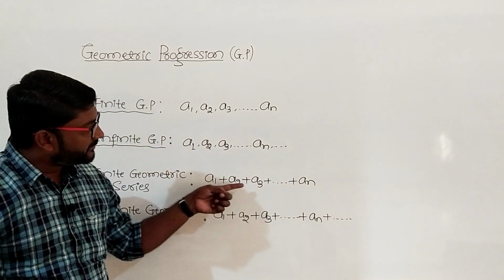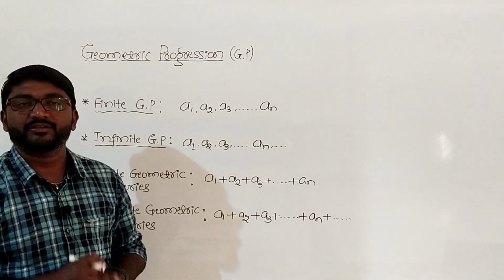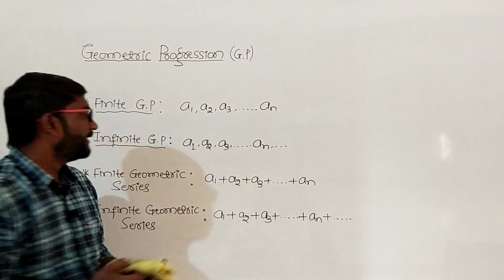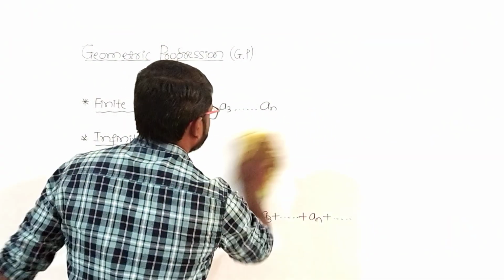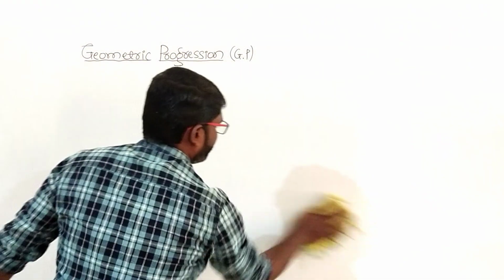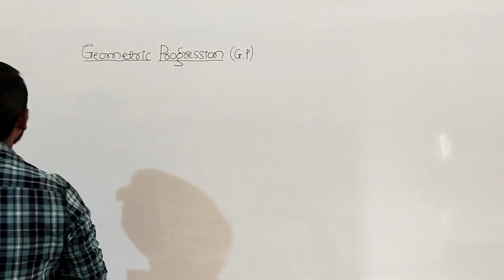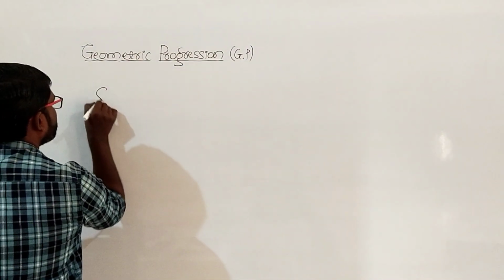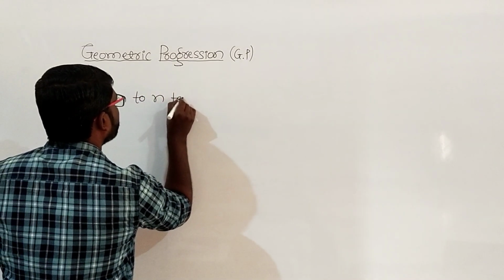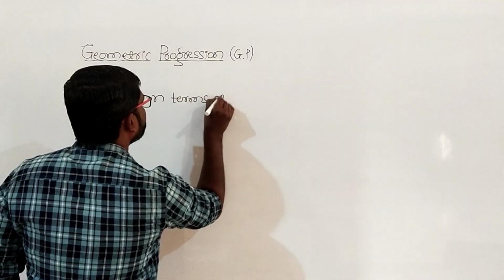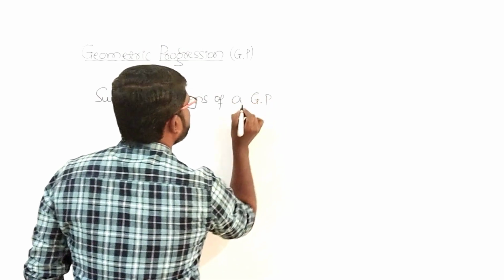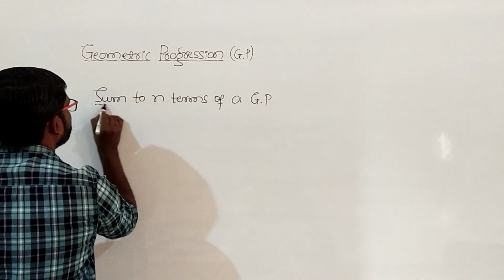Now for these two cases we will write the Sn formula, the sum of the first n terms of a GP.